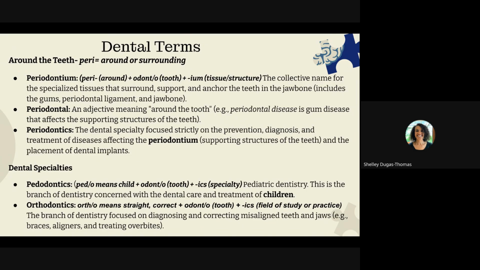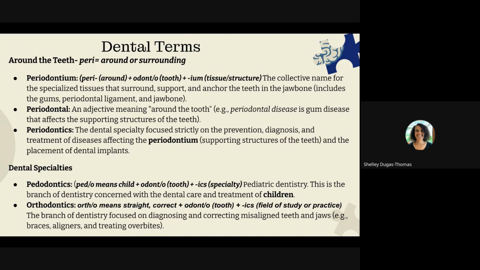Look at the prefix peri, which means around or surrounding; we'll add that to our terms. Periodontium is peri, around, plus odonto, tooth, plus -ium, tissues and structures, so the structures anchoring the teeth.